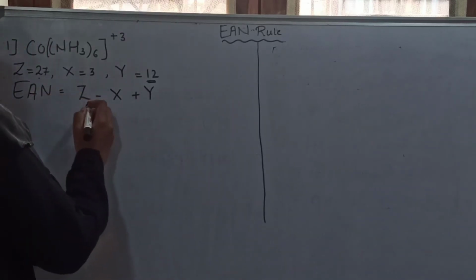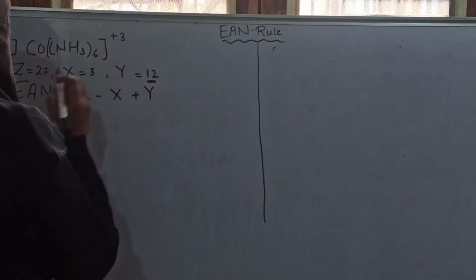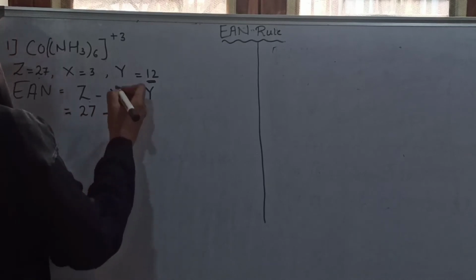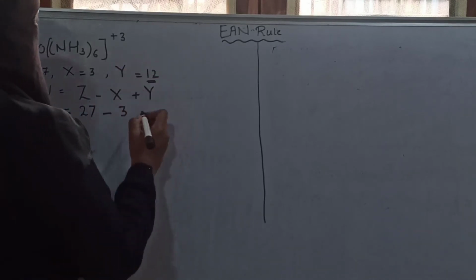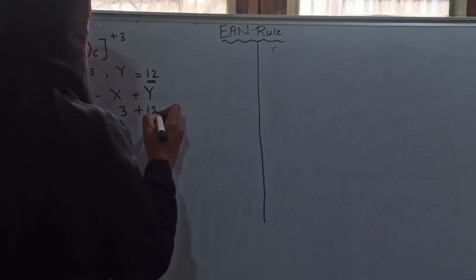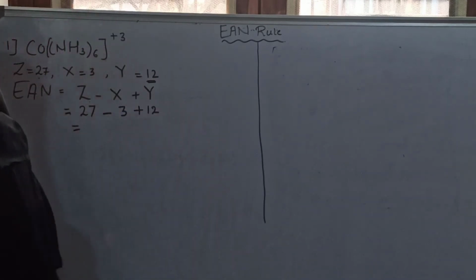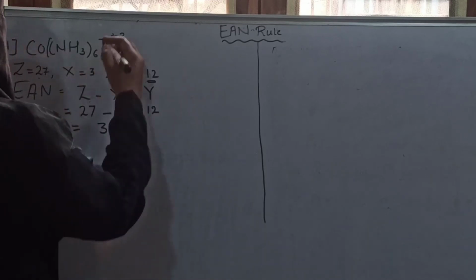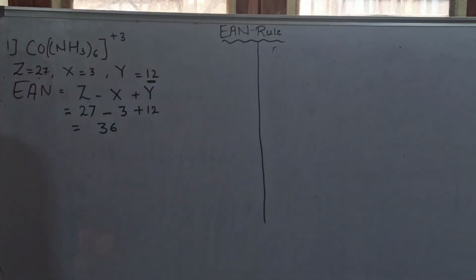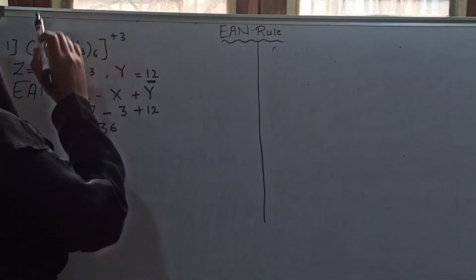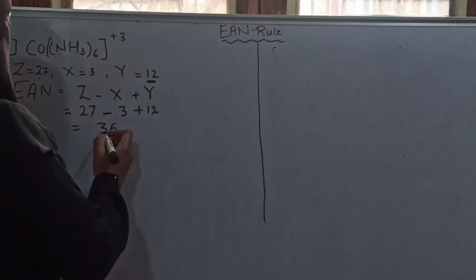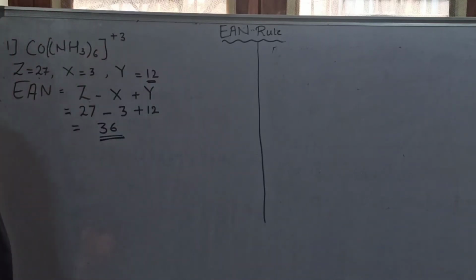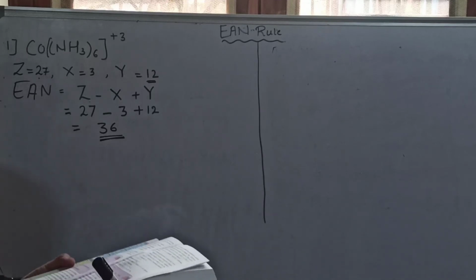So EAN is equal to Z minus X plus Y. We put all these values in this formula: Z is 27 minus X is 3 plus Y is 12. So our final answer is 36. And here the Co(NH3)6 3+ follows the effective atomic number rule. Why? Because it contains a total of 36 electrons.